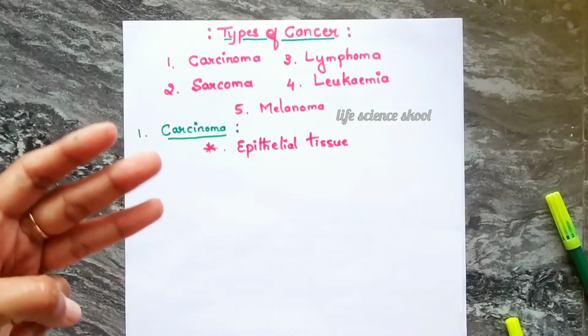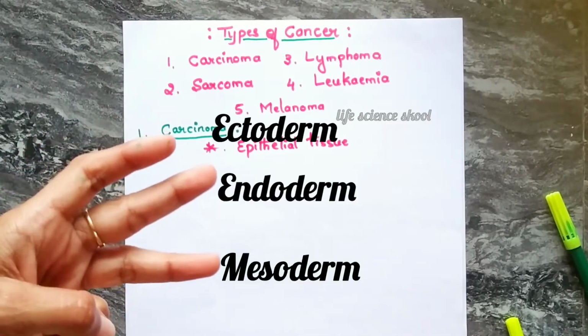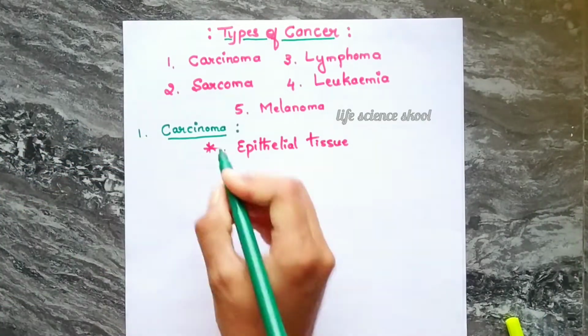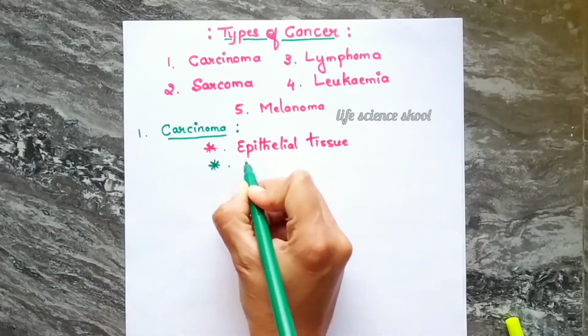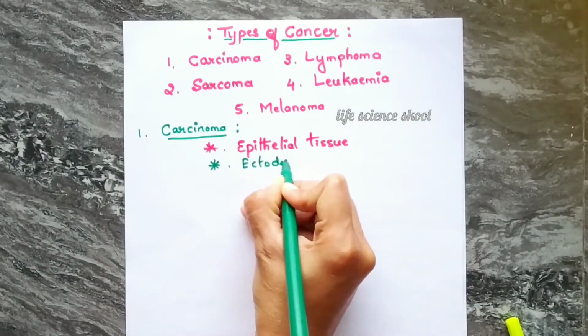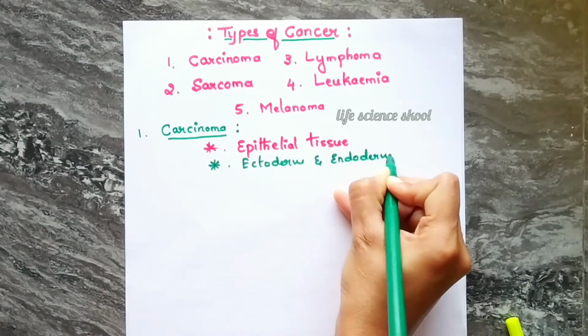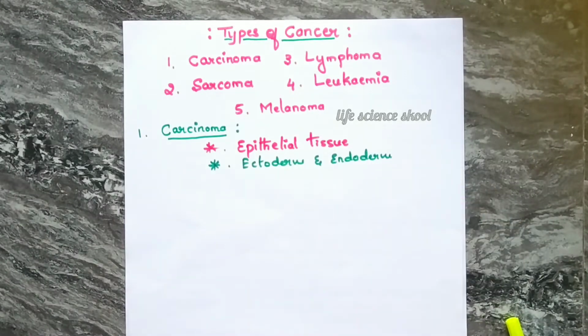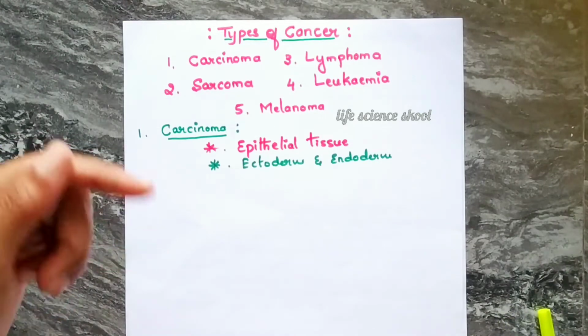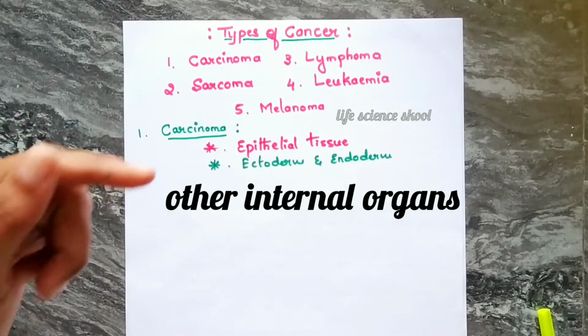We know that we have three germ layers, ectoderm, endoderm and mesoderm, and this one is going to originate from the ectoderm and endoderm, such as skin and other internal organs of the body.